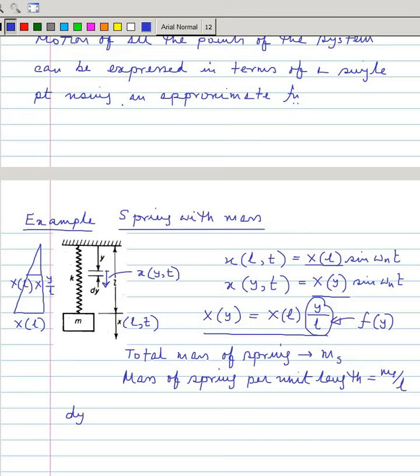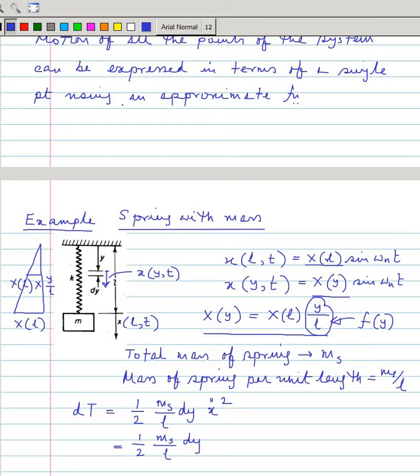The kinetic energy for dy, dT, is half mass into x dot squared. The mass is mass per unit length into dy, so that means half m_s by L dy into x dot squared.